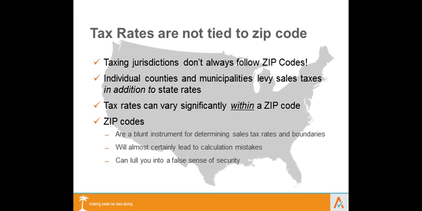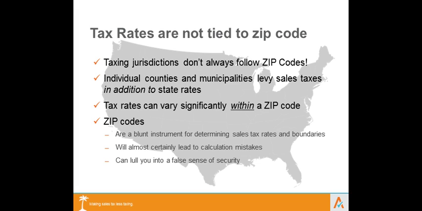We've seen areas across the country where within a zip code you have multiple tax rates, and as I said, tax rates don't necessarily follow zip codes. These are not just state taxes for sales tax, but we have county, city, and local taxes in addition to those rates, and it can be confusing as far as how the boundary lines are drawn.